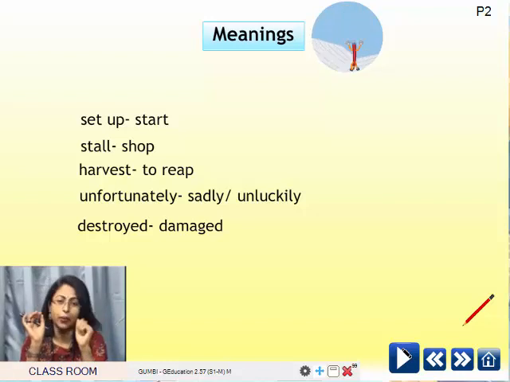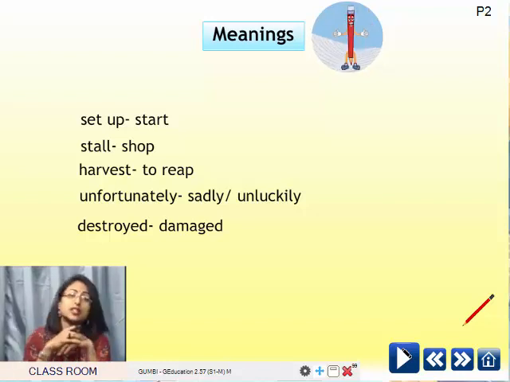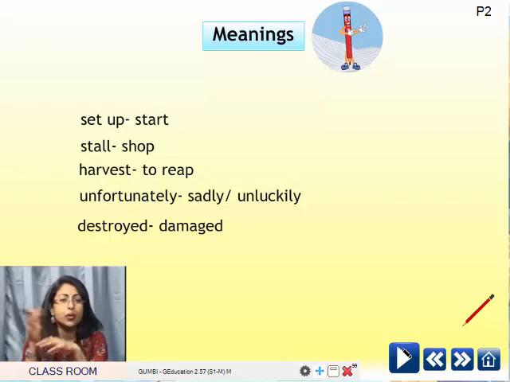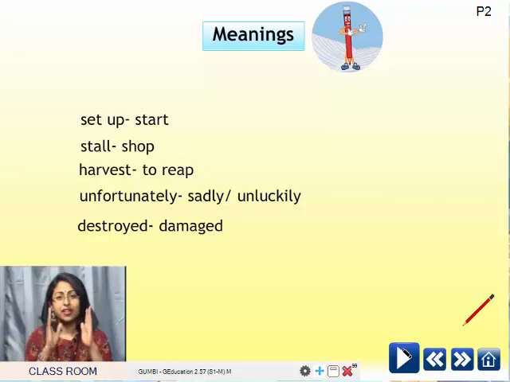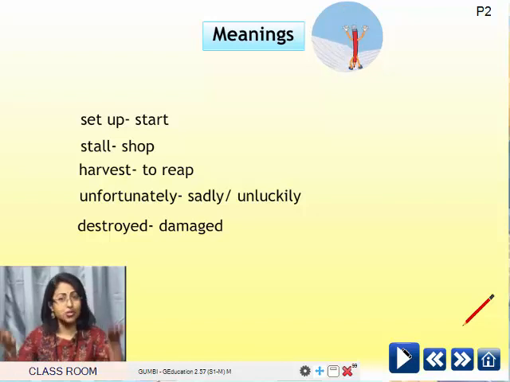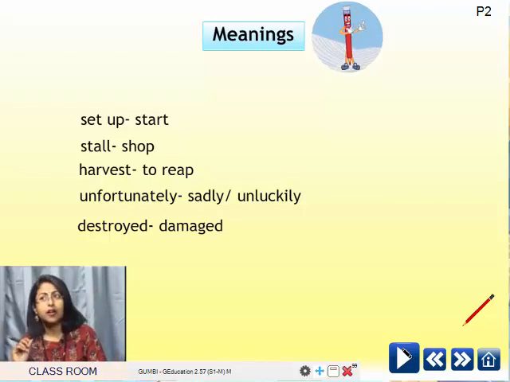Alright, students? Alright. The next word, destroyed. So here, the meaning of destroyed is damaged. Now sometimes what happens, we get heavy rains. Crops go bad. So you need to have the right amount of rain for your crops to grow well. Let me give you another example.